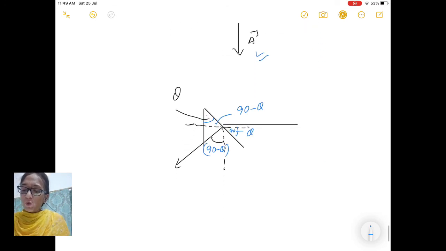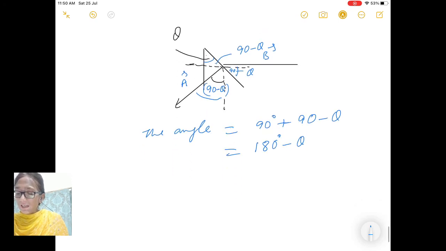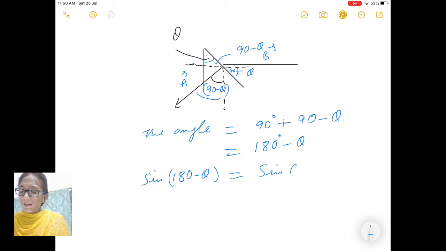So what is the total angle between the area vector and the magnetic field? The angle is equal to, previously it was 90 degrees plus this extra angle, that is 90 minus theta. So this is your 180 degrees minus theta. And we know that sine of 180 degrees minus theta is sine theta only.